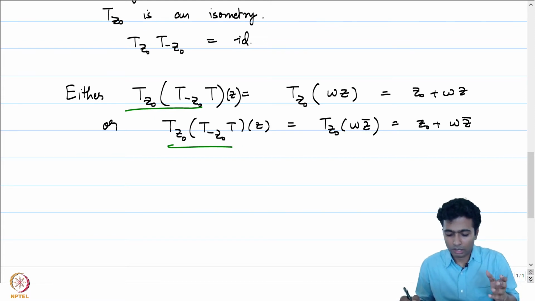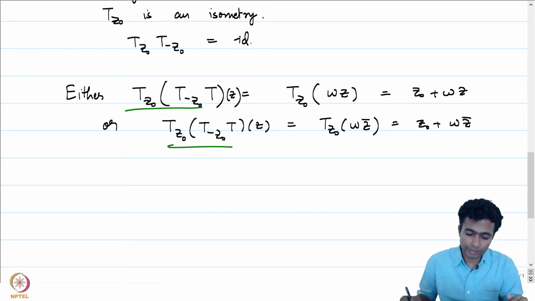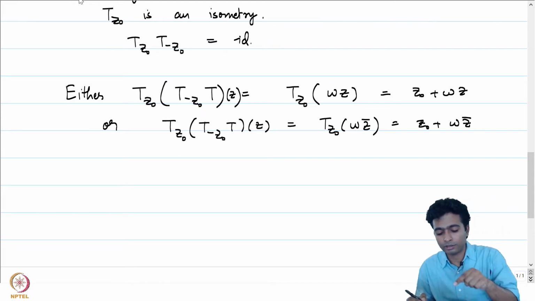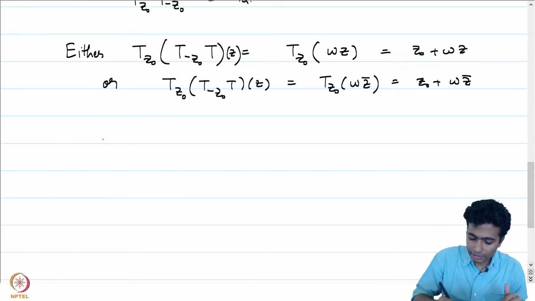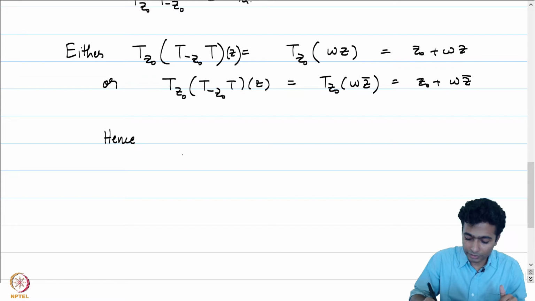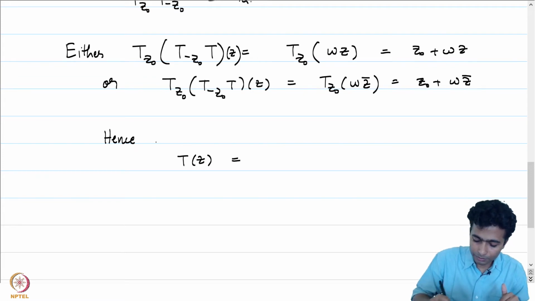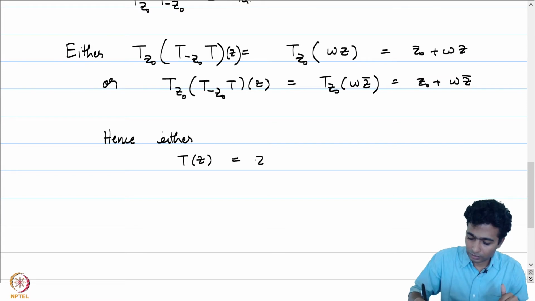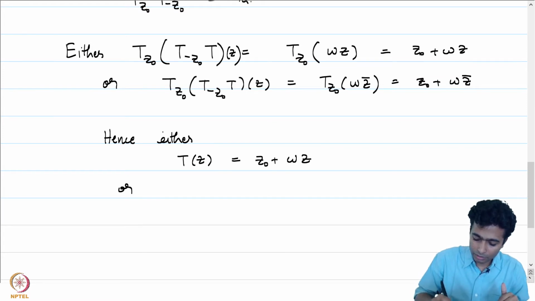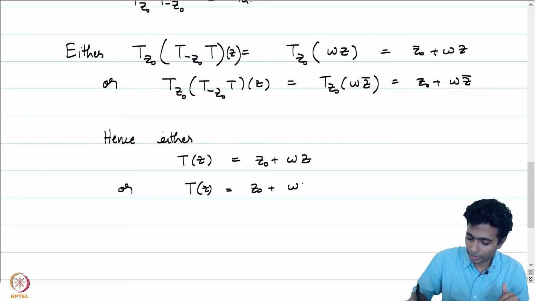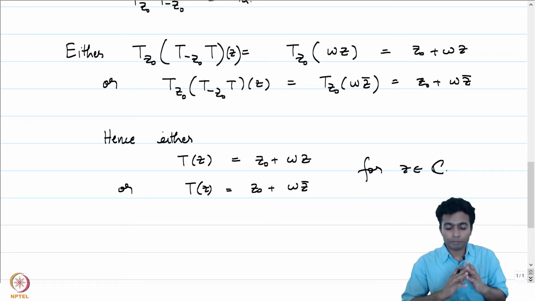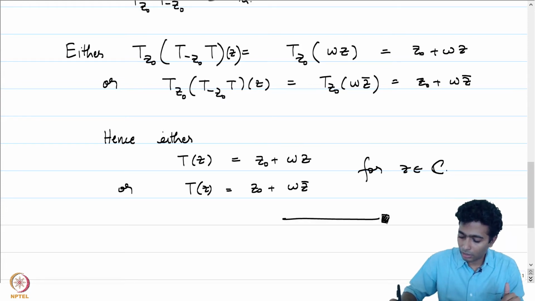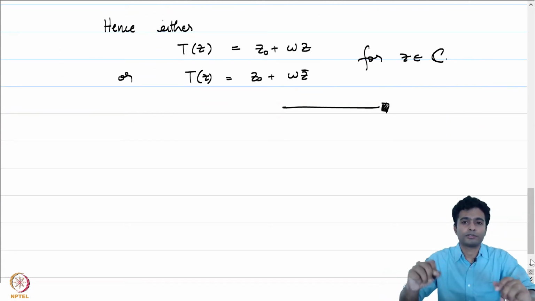There are three functions involved, and the associativity of the composition operator tells us that t z0 composed with t minus z0 is going to be the identity, and that will tell us that identity composed with t is t, which is equal to z0 plus omega times z, or t of z is equal to z0 plus omega times z bar for z in C. So we have given a complete characterization of all the isometries of the complex plane.